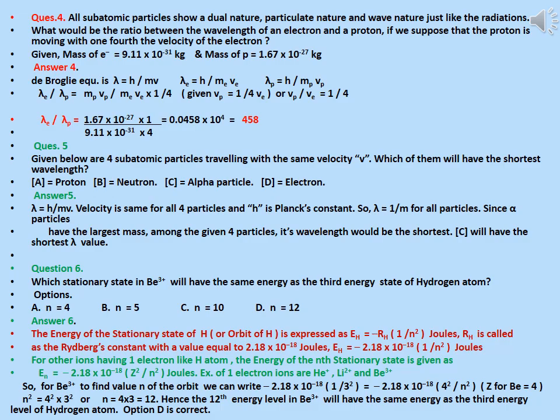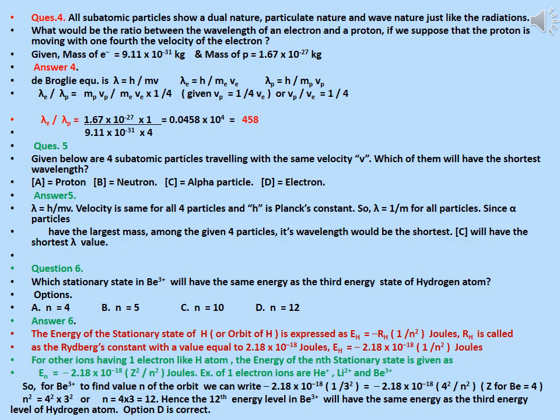Now in the question it is asked, which stationary state in Be3 plus will have the same energy as the third energy state of hydrogen atom. So for Be3 plus we can find the value of the n orbit.